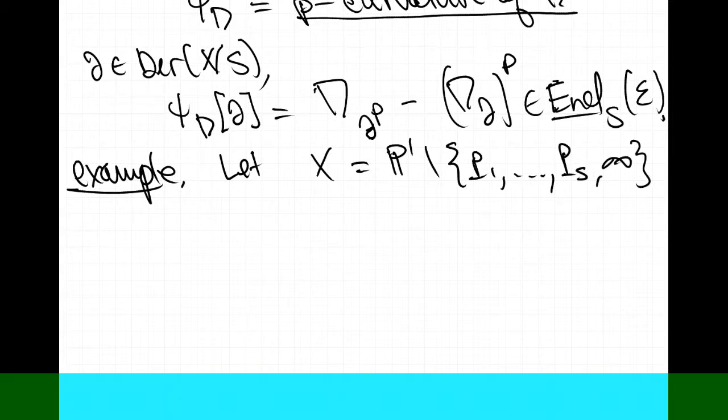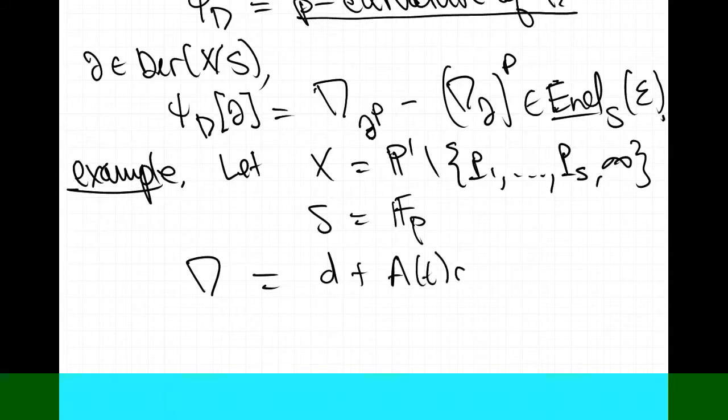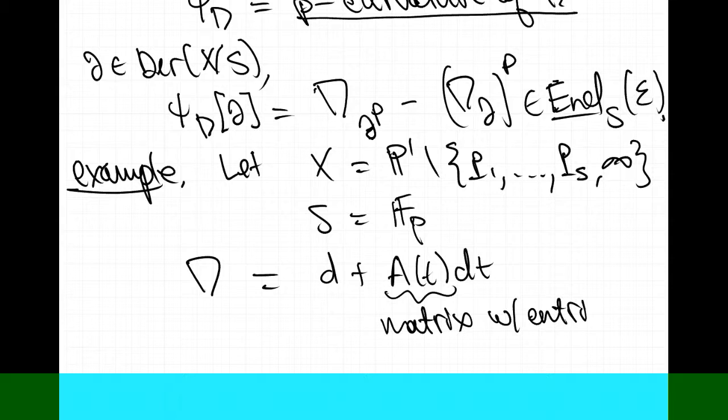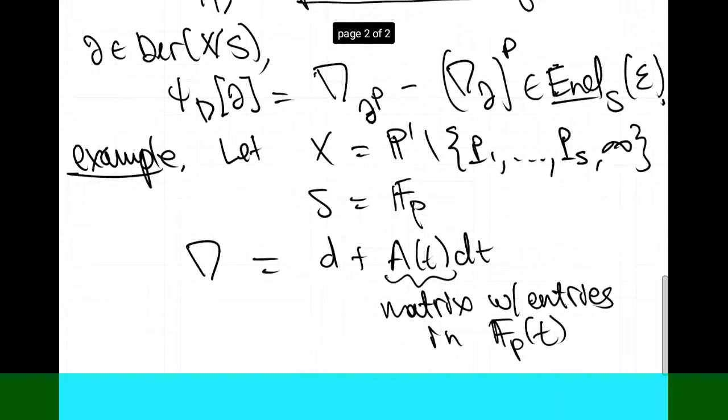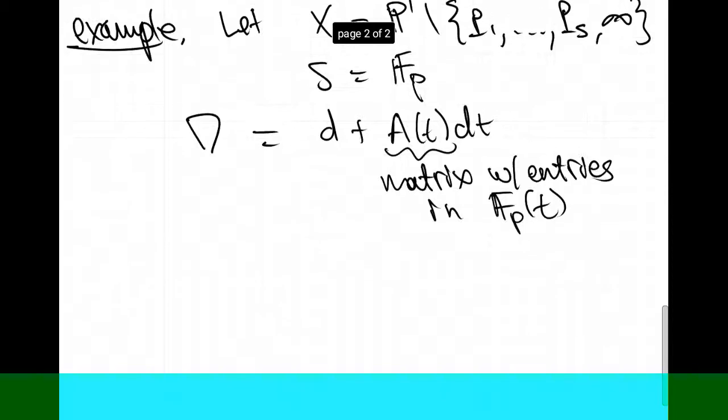So this looks like the affine line, maybe localized at some places. F can be maybe F_p. And then we can take our connection to be d plus A(t) dt. And so this is going to be a matrix with entries in F_p(t). Okay, and so we'll persist with this example.